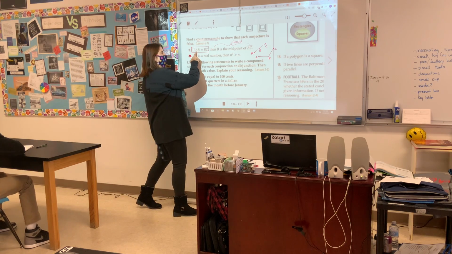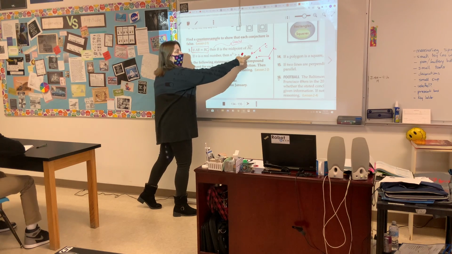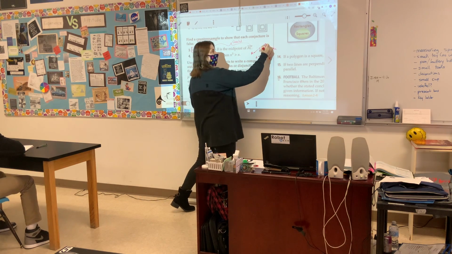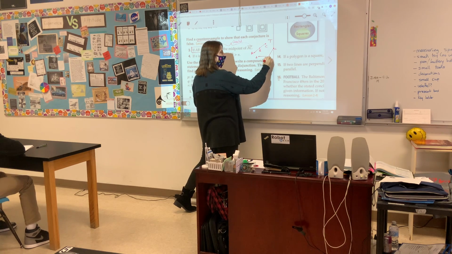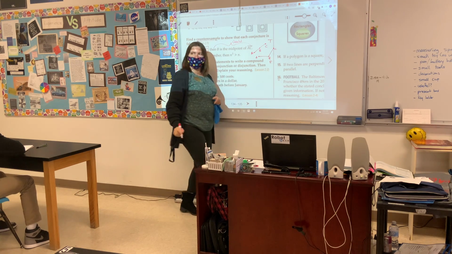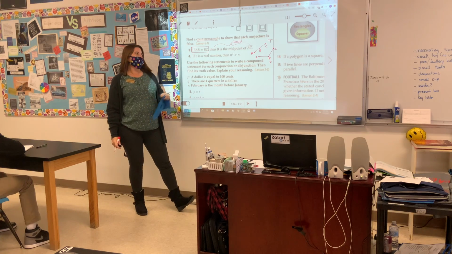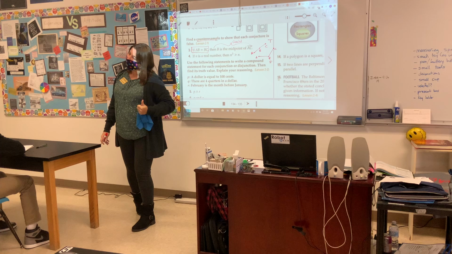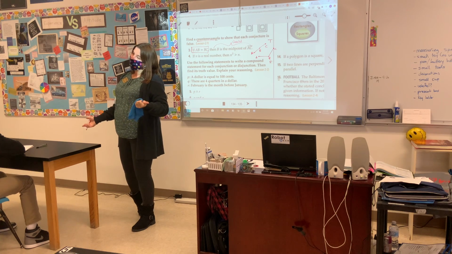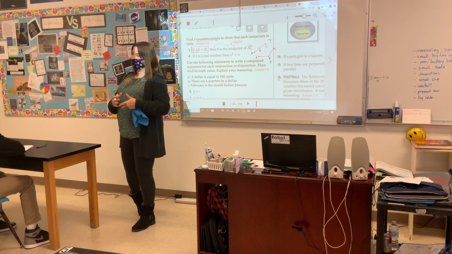But it all depends on whether A, B, and C are collinear. If it were collinear, then it's true. If they're not collinear, then it's false. So with A, B, and C non-collinear points, this would be false. It's not the midpoint if we don't have everything in a straight line.